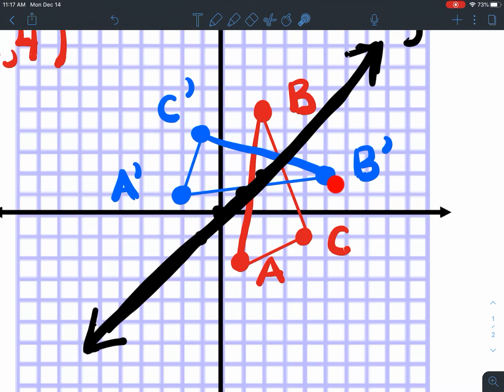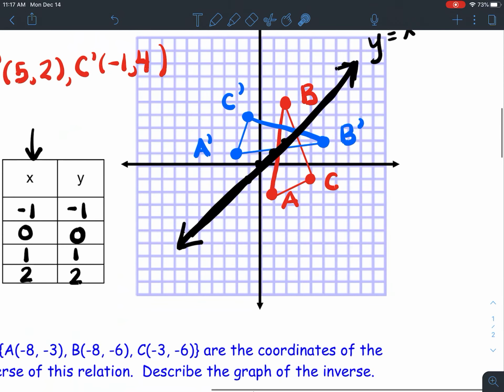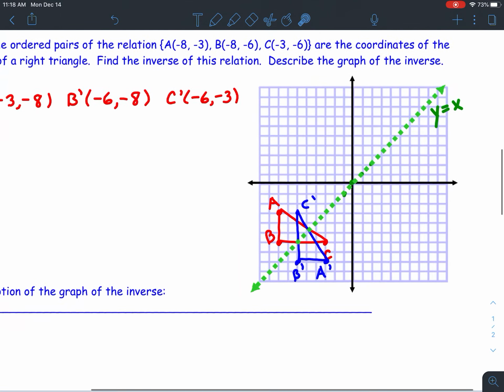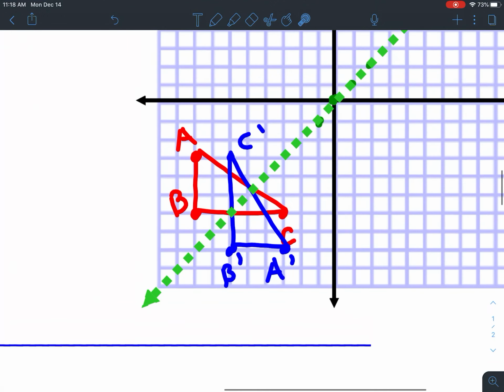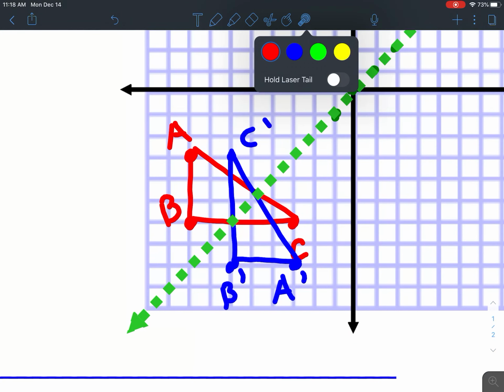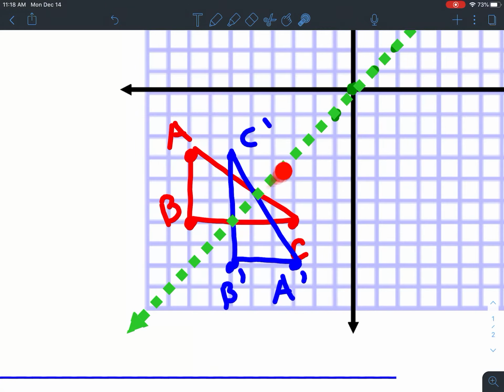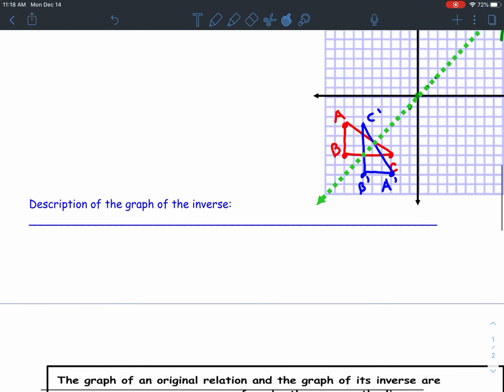So it feels like the original graph is being reflected across the line y equals x, and the reflection is the inverse graph. Okay, and that's what we're going to fill in on, and you can see I did this bottom one for you. You can kind of see that represented down here again. I have this dotted green line as being the line y equals x. And again, a little hard to see, but they are reflections of each other.